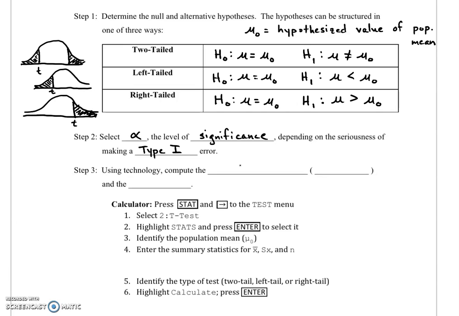Then using technology, we compute the test statistic, which is T0, or T sub 0, T naught. And again, the p-value.